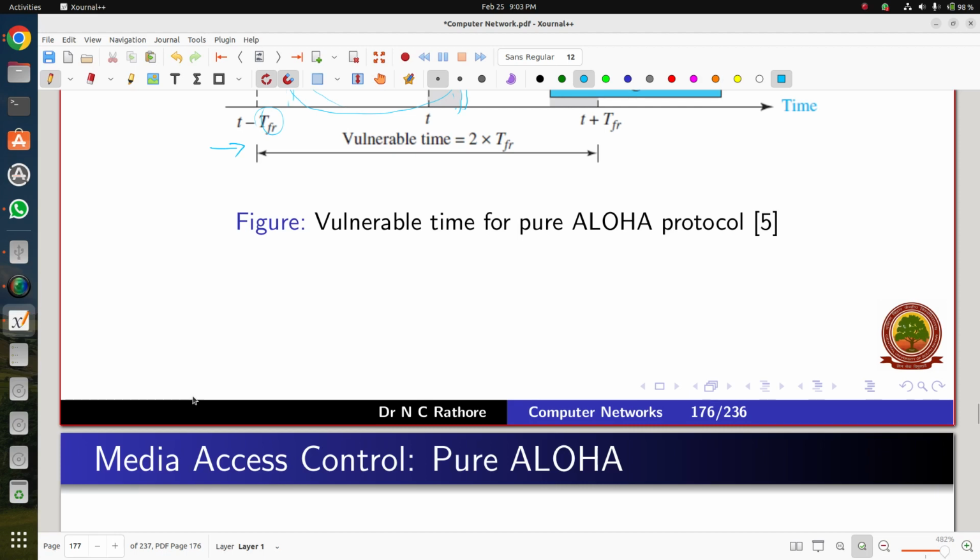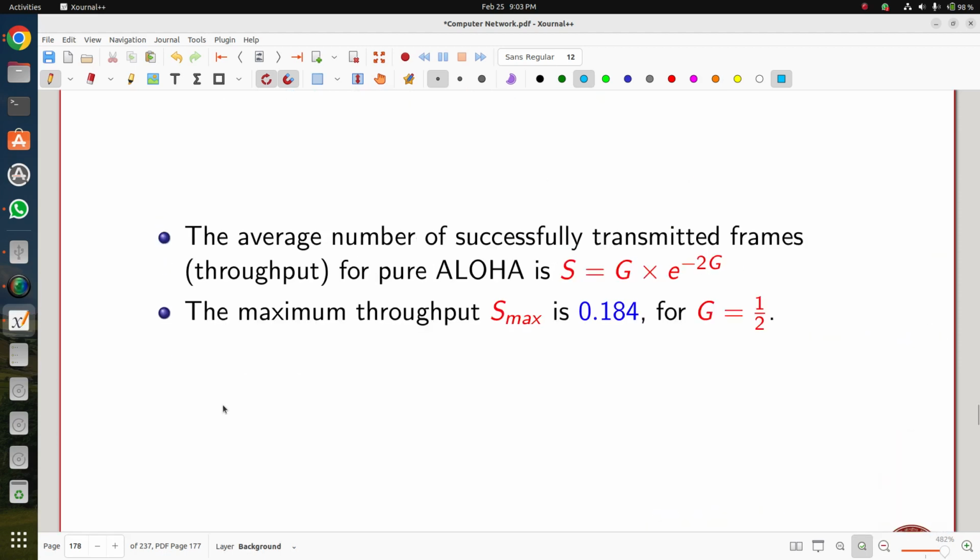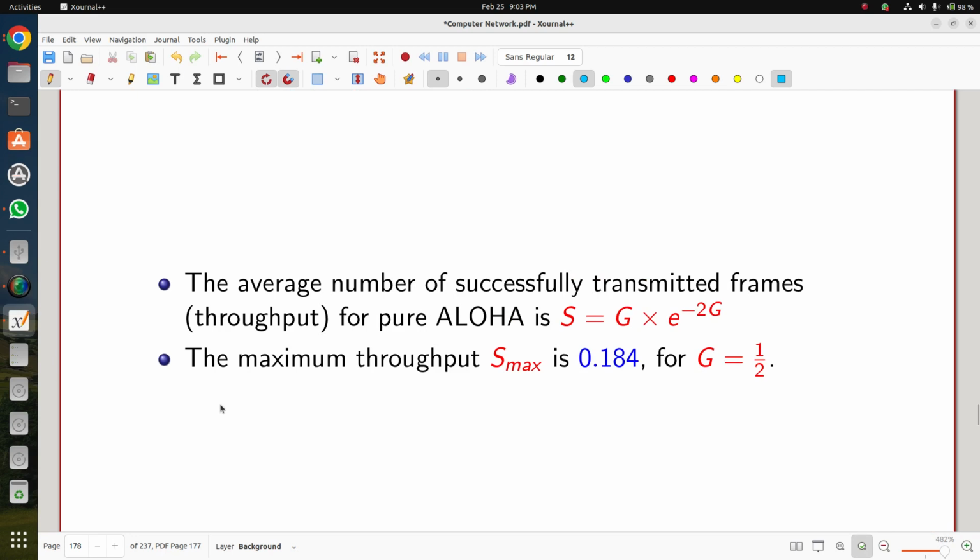Now let's talk about the throughput of the ALOHA protocol. We will not derive it; it is computed using the Poisson distribution formula. The throughput of the ALOHA protocol is defined like this: S equal to G into e to the power minus 2G, where G is the number of frames transmitted per unit time, or the average frame transmission rate.